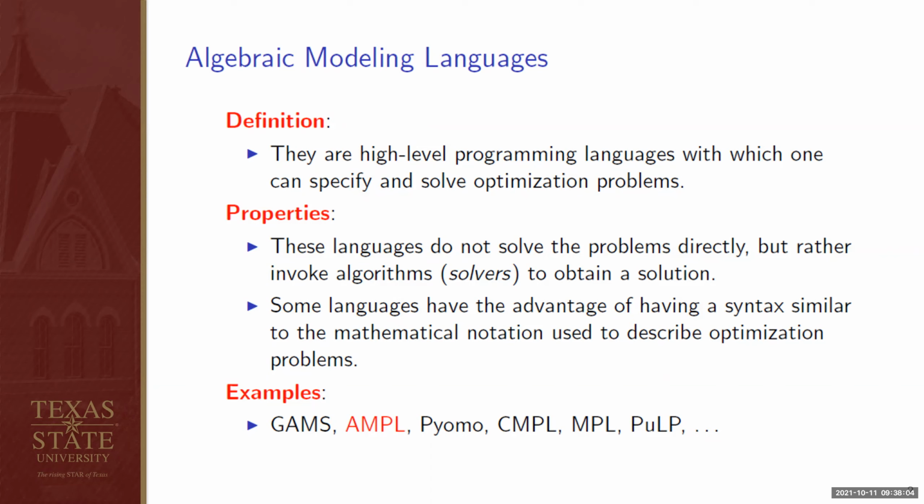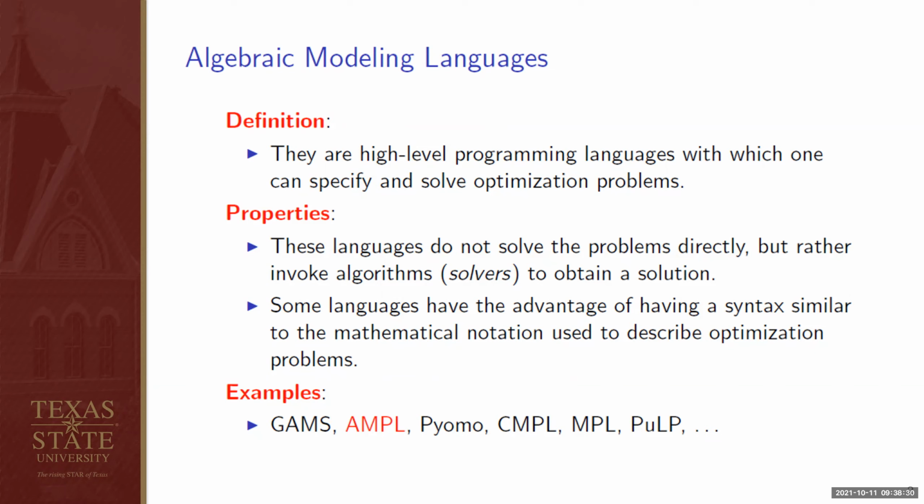So these high-level programming languages are continuously being updated as research is performed. You'll see more people building more efficient or faster algorithms, and you will see that this commercially available software will pick up those new algorithms and implement those within their interface.